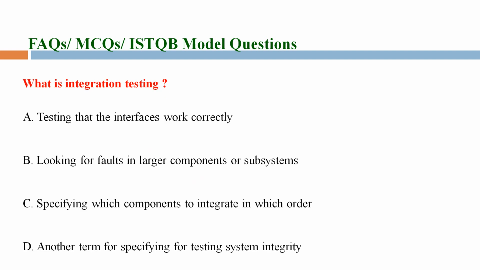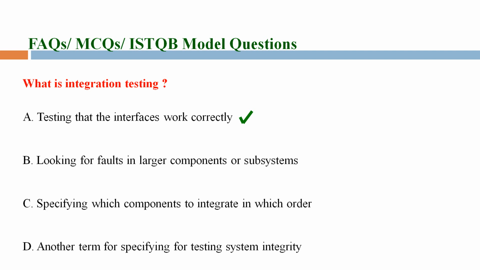The next question: what is integration testing? Testing that the interfaces work correctly, looking for faults in larger components or subsystems, specifying which components to integrate in which order, or another term for testing system integrity. Which option is correct?